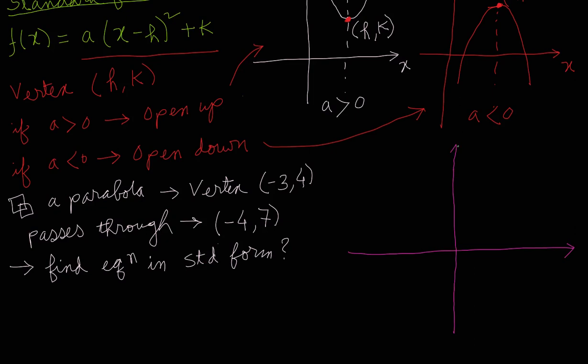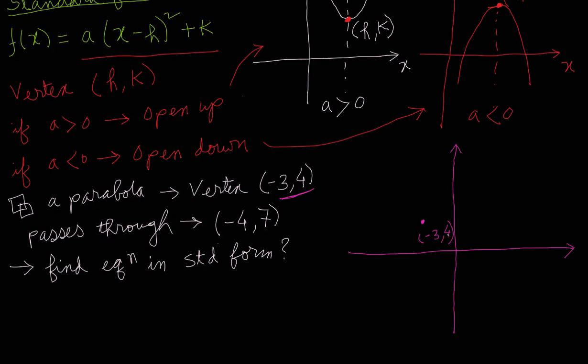The information given is that the vertex of my parabola is at (−3, 4). So let's say this is my vertex, (−3, 4).